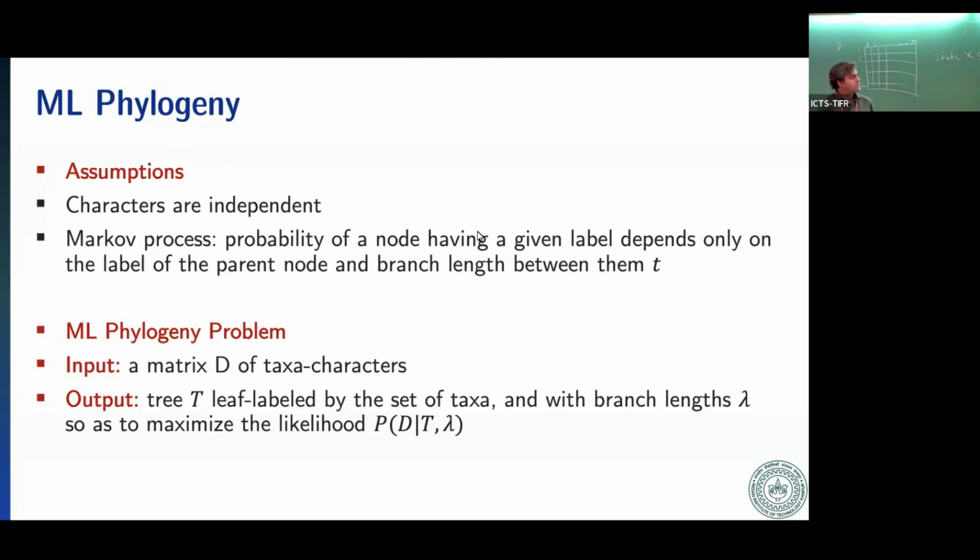And n different taxa, okay? So this is our input data, alignment data, and the output is basically a tree which is denoted as T, where the leaves are labeled by this set of taxa, n taxa, and then we are also going to have the branch lengths such that this likelihood is maximized. The probability of the data given T comma lambda is maximized.